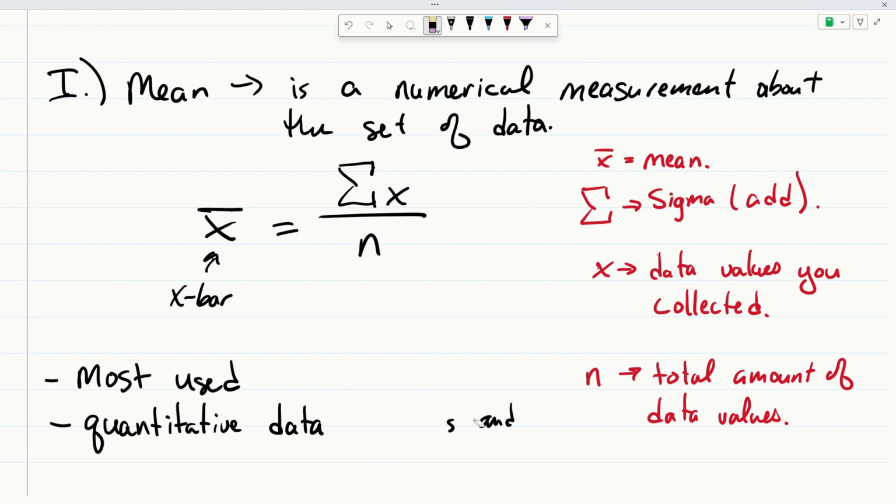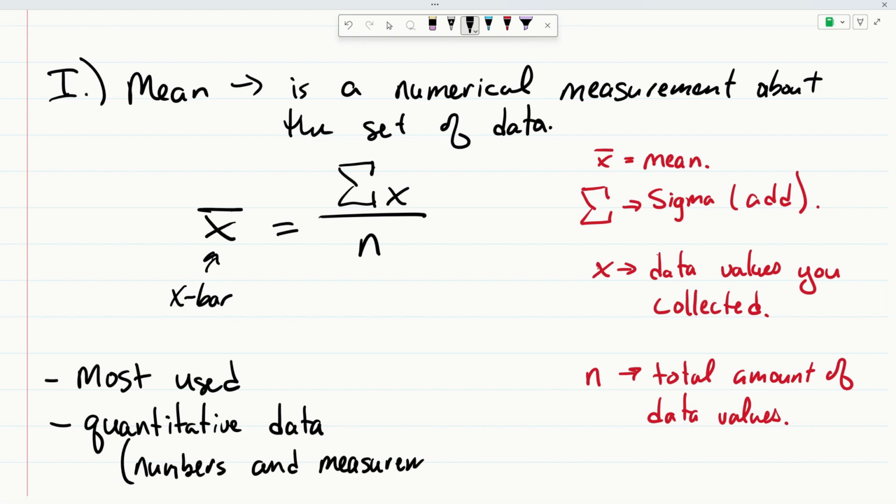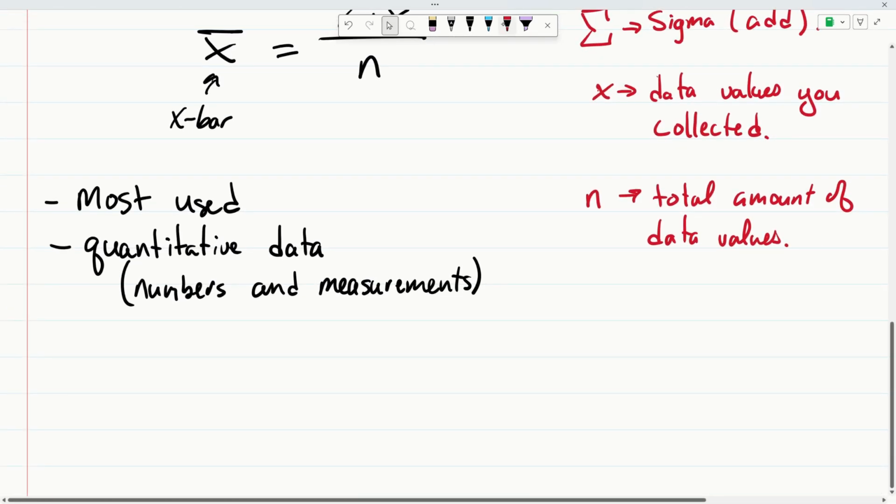Let me write it underneath. Numbers and measurements. Now, one downfall of the mean, the cons, the mean is sensitive to outliers.